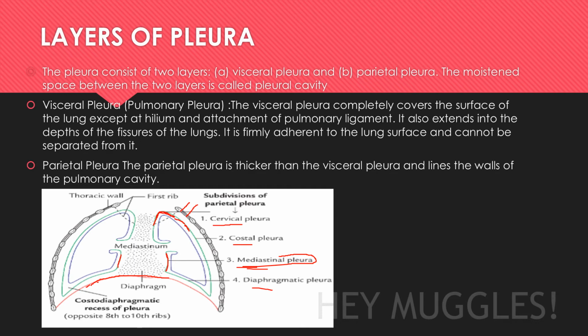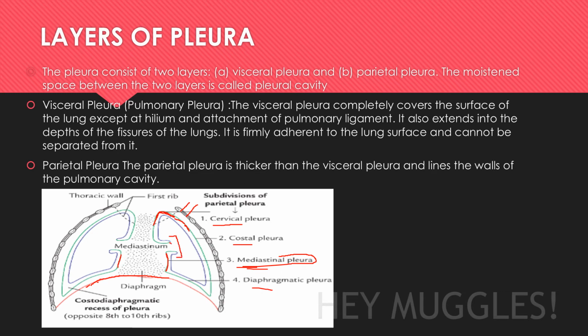The costal pleura covers the inner aspect of ribs, costal cartilage, and intercostal muscles. The mediastinal pleura covers the lateral aspect of the mediastinum, and your diaphragmatic pleura covers the thoracic surface of your diaphragm, right? So this is your hilum.